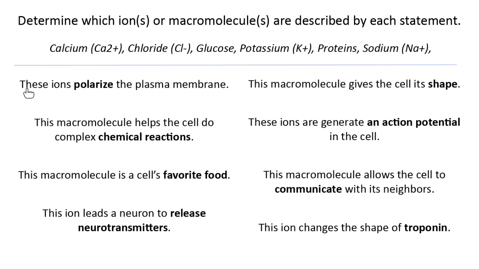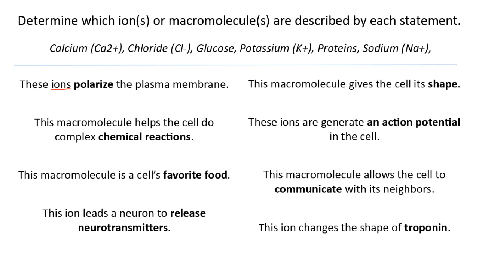The first statement that we had to come up with was figuring out which ions help us to polarize the membrane. Quick review, and I know we already talked about this here in class, so let's just make sure we really remember. When we talk about an ion, once again, what does that word ion mean?